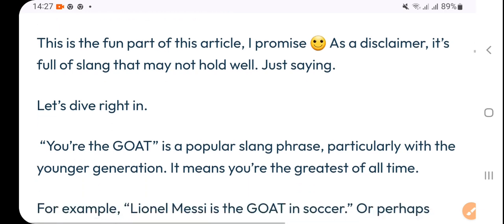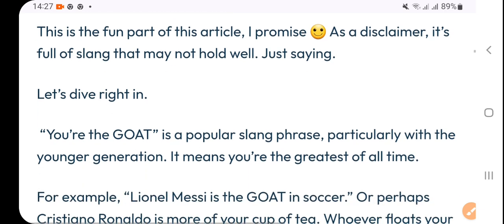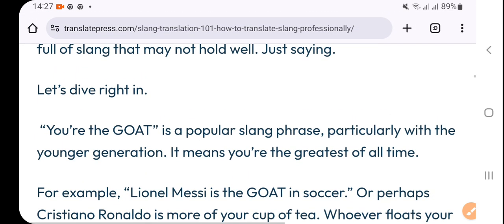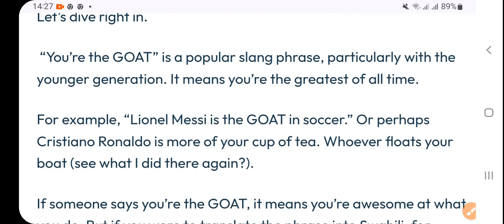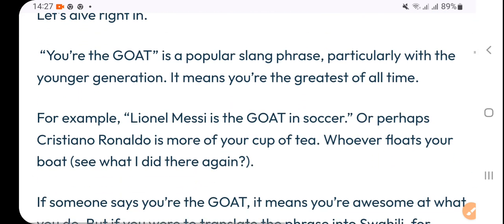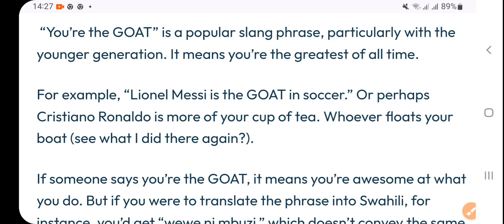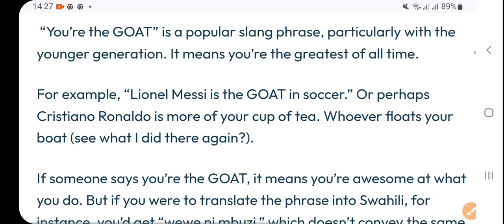First of all, let's dive right in. This is slang, right? An example is that "you are the goat" is a popular slang phrase, particularly within the younger generation. It means that you are the greatest of all time, right?